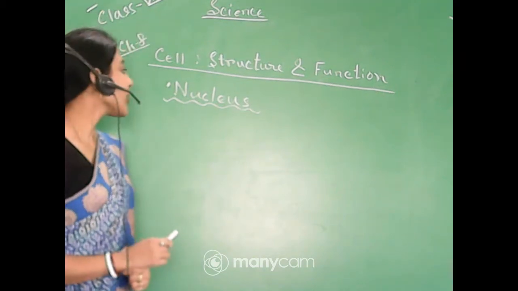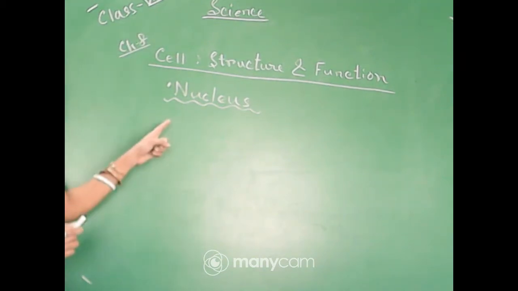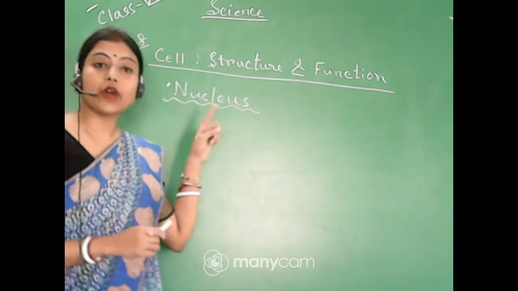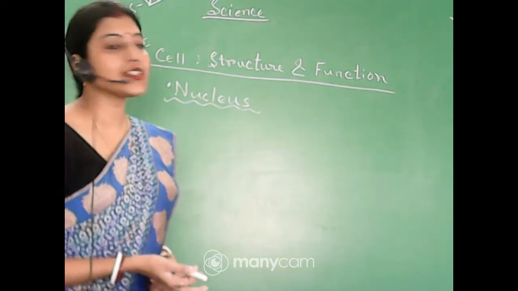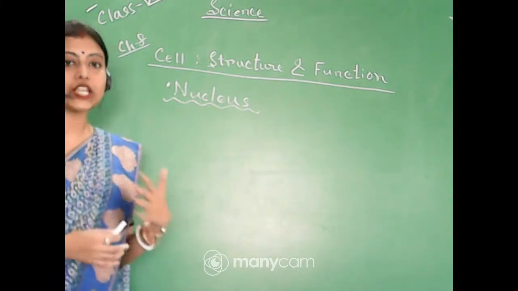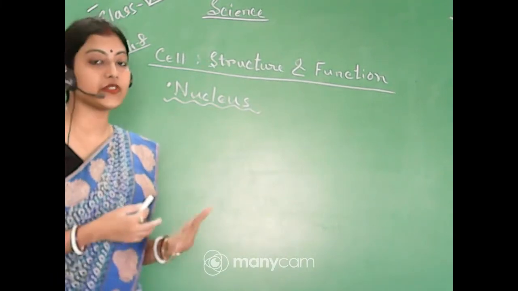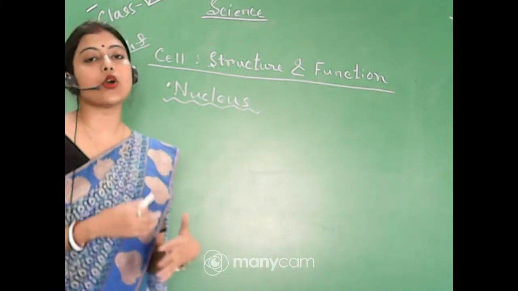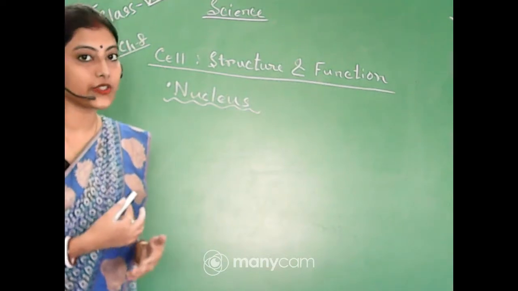Thank you. Now, I have told you in my previous class that the nucleus is also known as the brain of the cell, as it controls all the cellular activities of the cell.